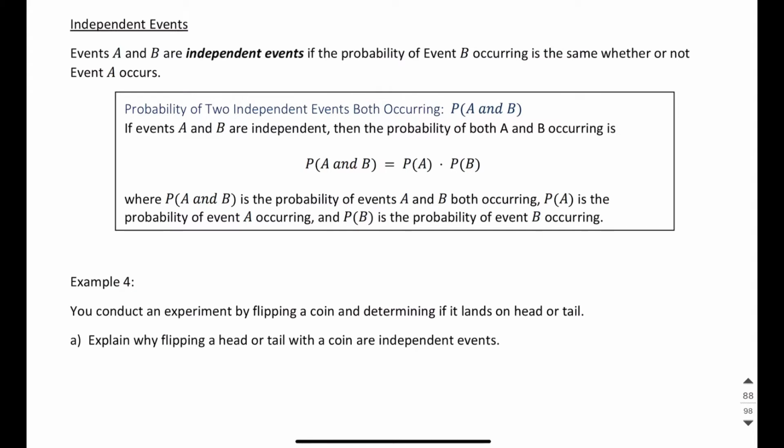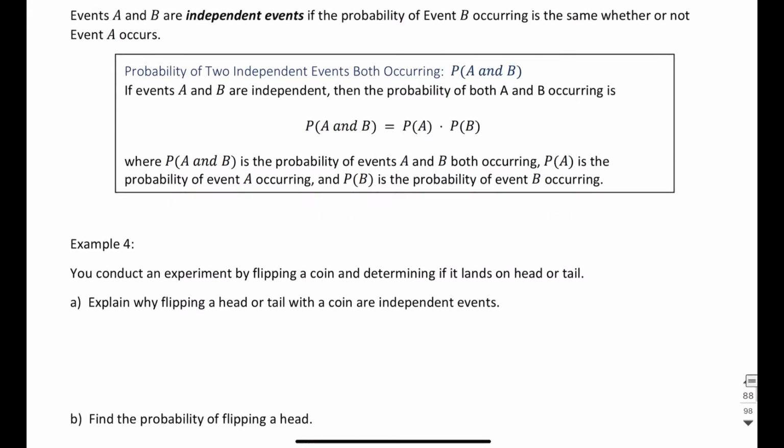Now, we apply this to the formula for the probability of two independent events occurring, and we identify that as probability of A and B. So if A and B are independent events, then the probability of both A and B occurring is simply found by taking the probability of A and multiplying it by the probability of event B.